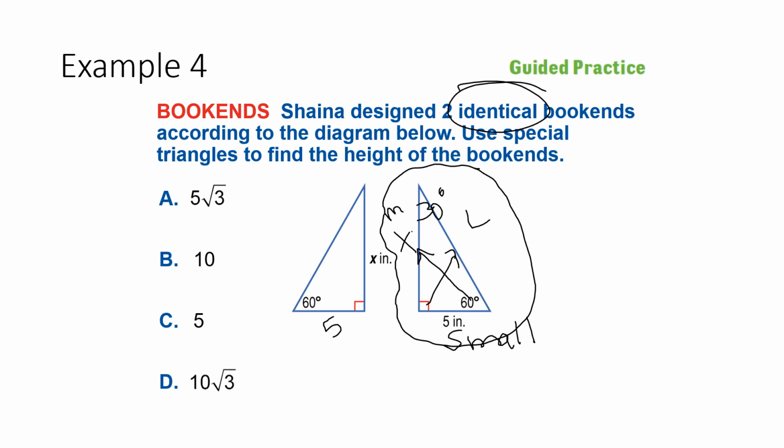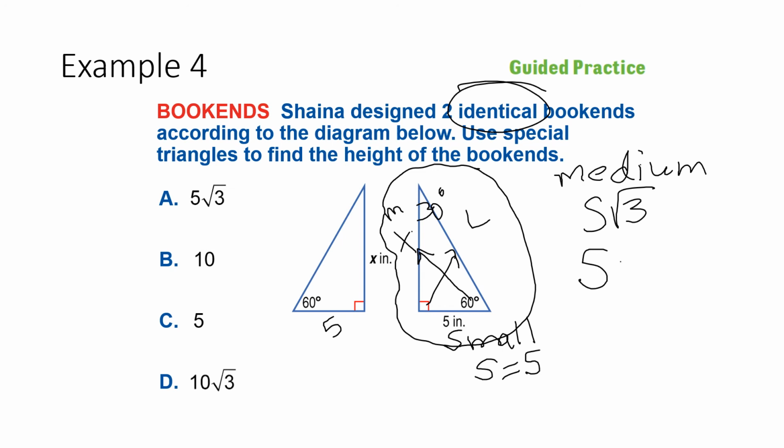The question is, what are we multiplying by? We want the medium side, which is the short side times the square root of 3. So we know what s is. So we just have to multiply the square root of 3 times 5, and we're done with the problem.